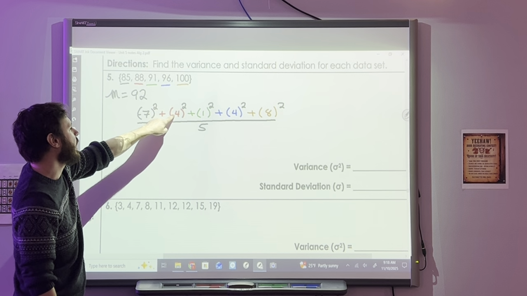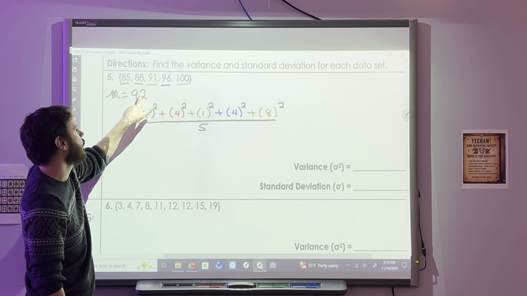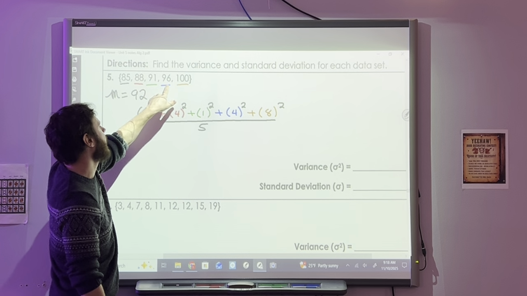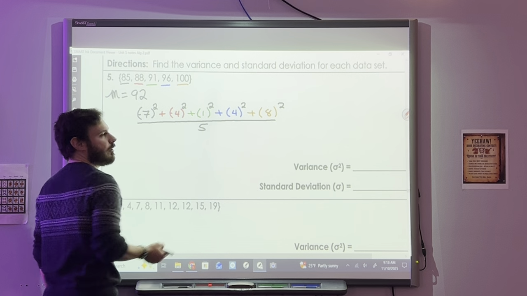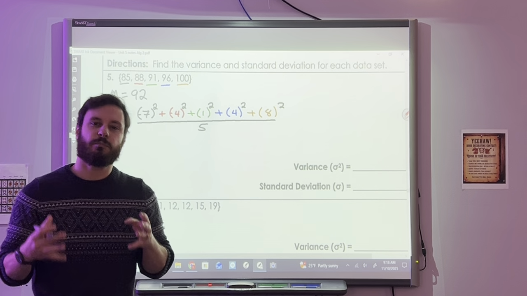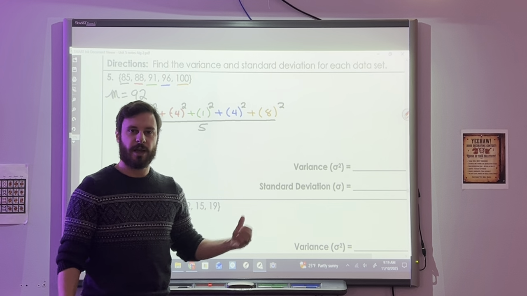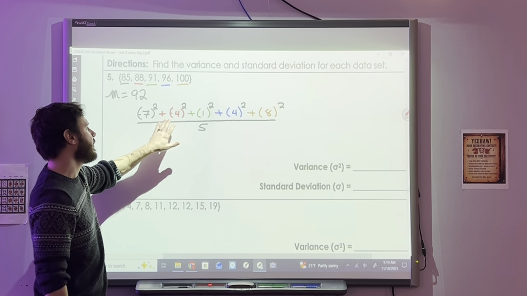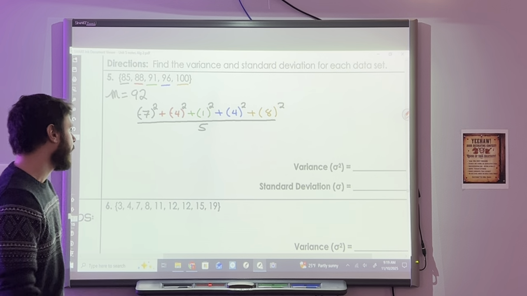This should really be a -4. This should be a +1 because it's 1 bigger than that. This should be positive and this should be positive. So really, I should have 2 negatives here. But it doesn't matter because when we square stuff, it always ends up turning positive anyway. So technically, yes, this should be negative and that should be negative. But when we do our math, it won't matter if it was positive or negative.